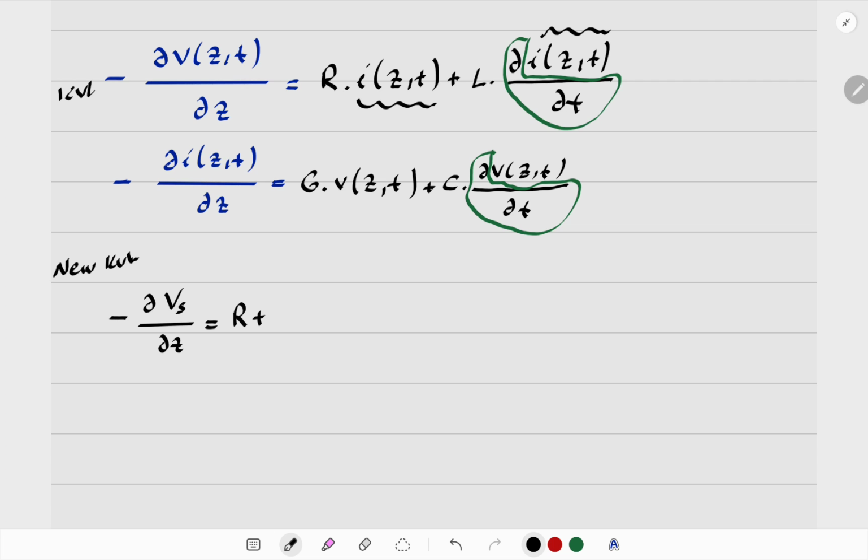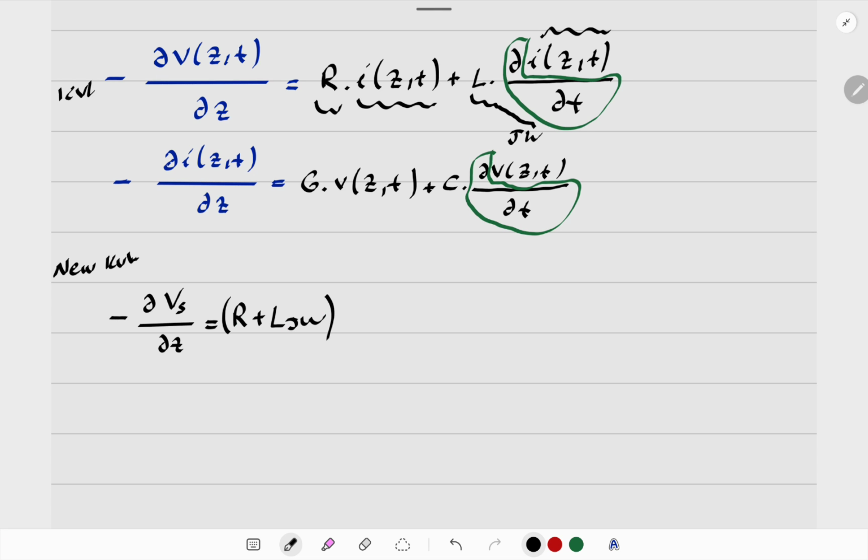That is why we only use R and L and this new j omega here. Remember, del over del t was j omega, and L times j omega is our new approach.